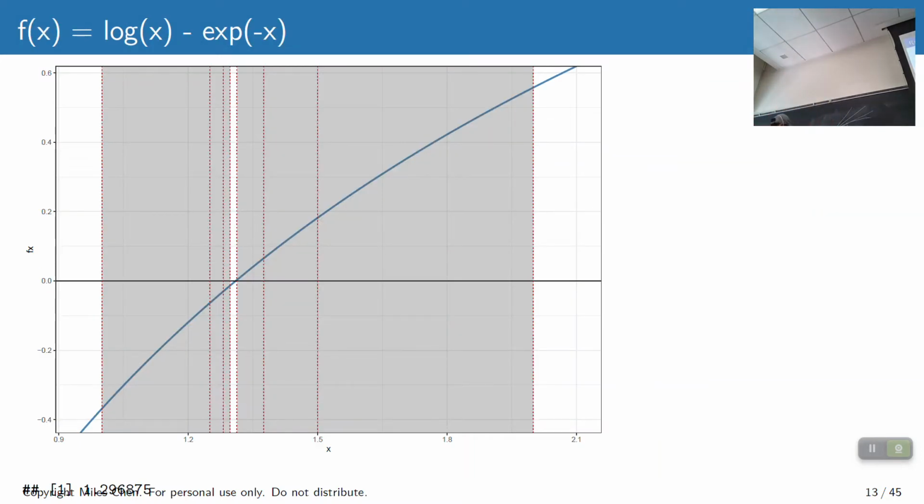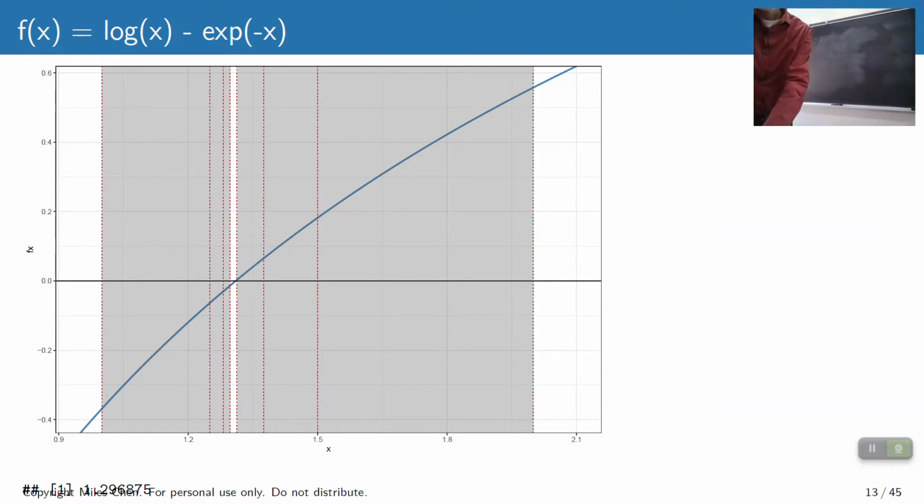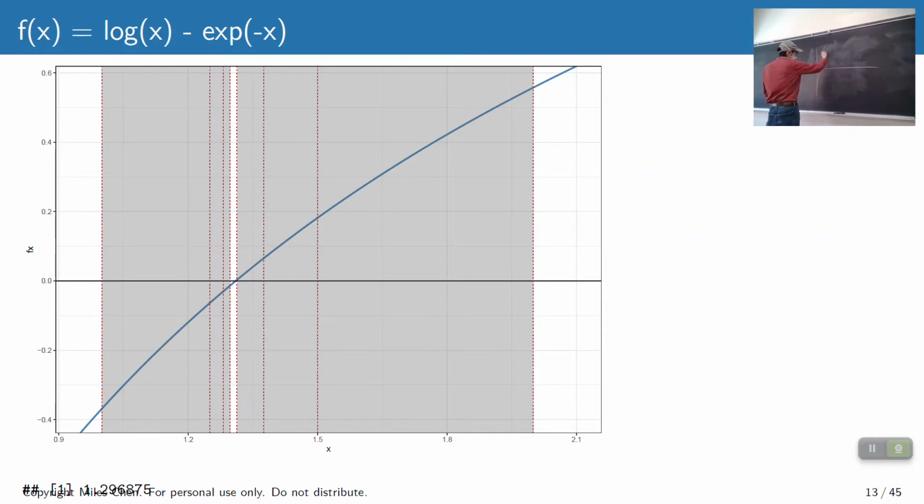We run into issues. So if you have, say, a function that looks like this, and let's say this is x on the left, and this is x on the right.